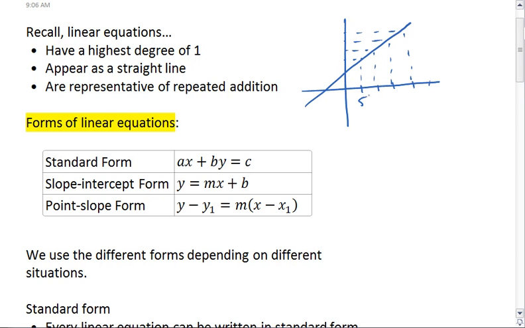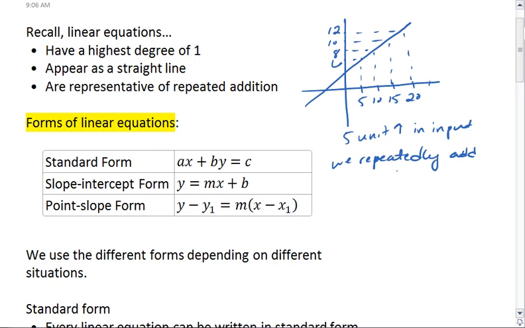For example, if this is 5, 10, 15, 20, this could be 6, 8, 10, 12. We see for every 5 unit increase in input, we repeatedly add 2 to our output.